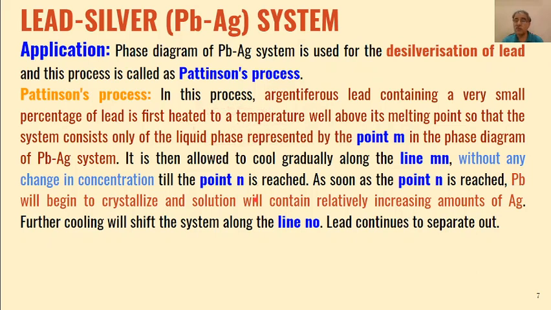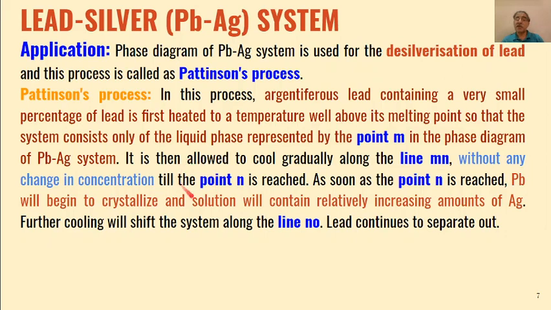As we move down from M to N, the system is allowed to cool gradually without any change in concentration, so only the temperature is varied, reduced from high temperature to low temperature.